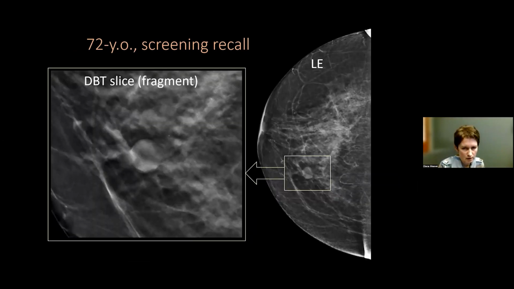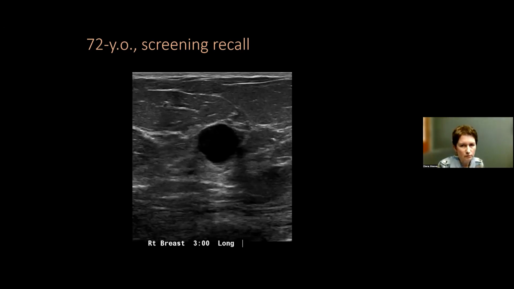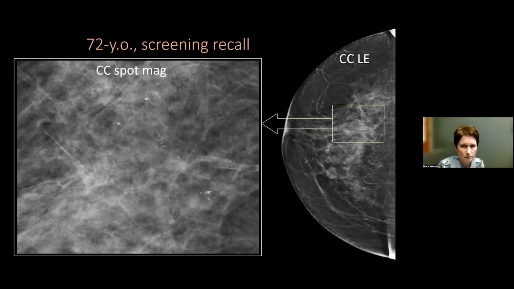This is a DBT slice showing a nicely circumscribed mass, and this is a close-up of that eclipse sign. Again, very thin, and the inside of that cyst is very dark and uniform. To be representative of the eclipse sign, the rim enhancement needs to be thin and uniform, especially on the inside. We did an ultrasound, and it's a simple cyst.